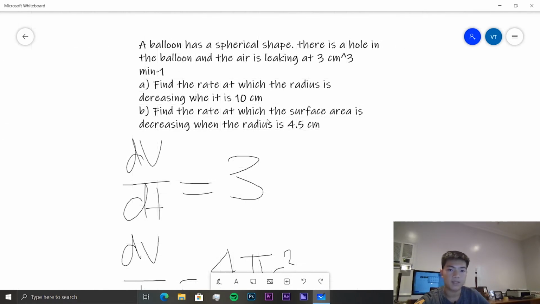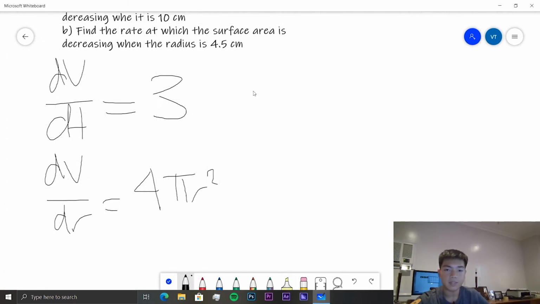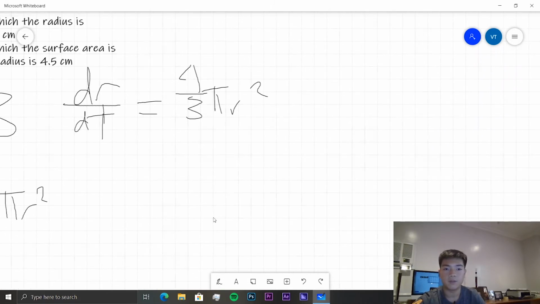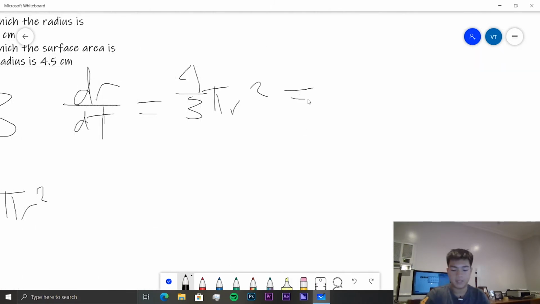So if we get dr/dt equal to 4/3 pi r squared, when the radius is 10 centimeters, this is equal to 400 over 3 pi, which is around 418.9 centimeters per minute.